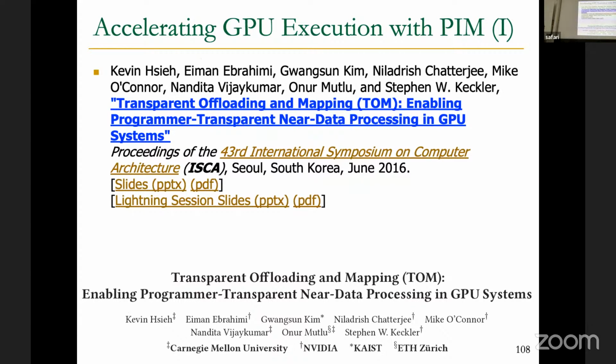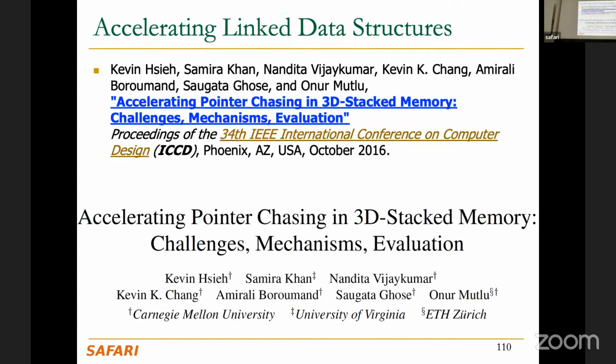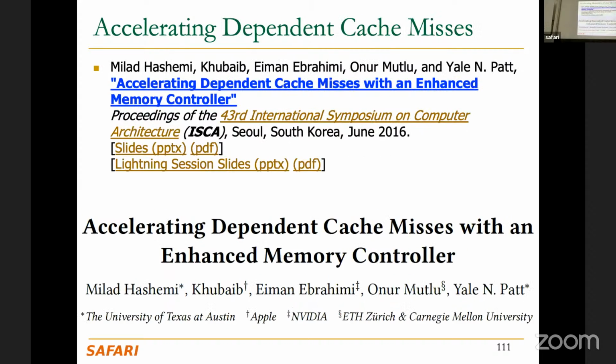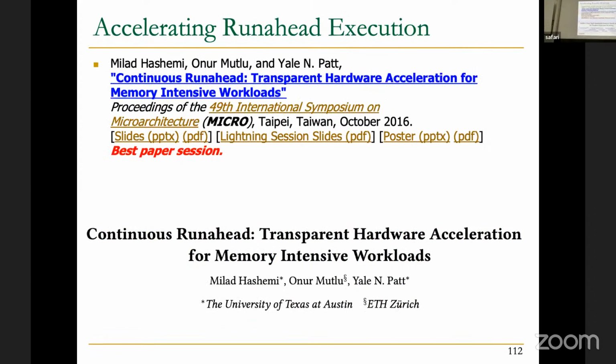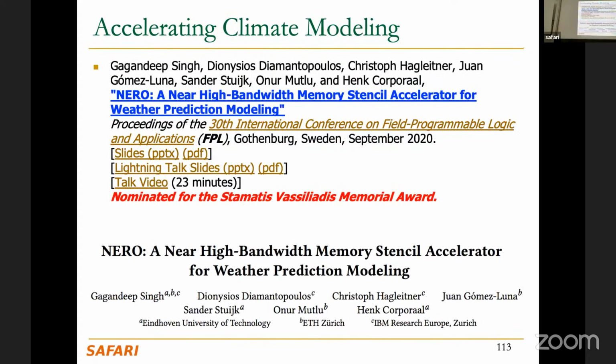We can do the same, for example, for GPUs, or for other pointer chasing heavy workloads, to accelerate dependent cache misses, or for some prefetching techniques. Those are just examples of processing in your memory architecture.